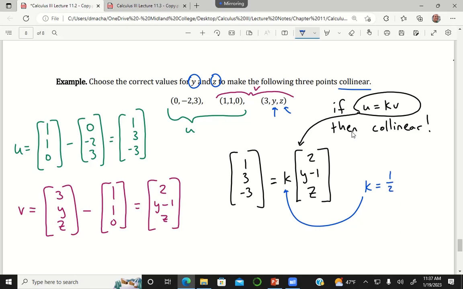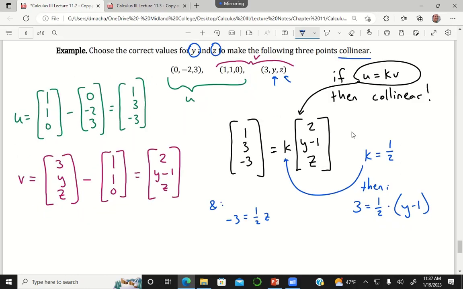And if k is 1/2, then 3 is equal to 1/2 times y minus 1. And negative 3 has to be equal to 1/2 times z. Now let me multiply both sides by 2. I get 6 is equal to y minus 1.